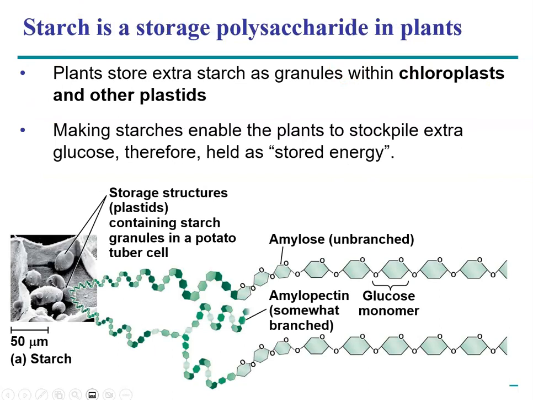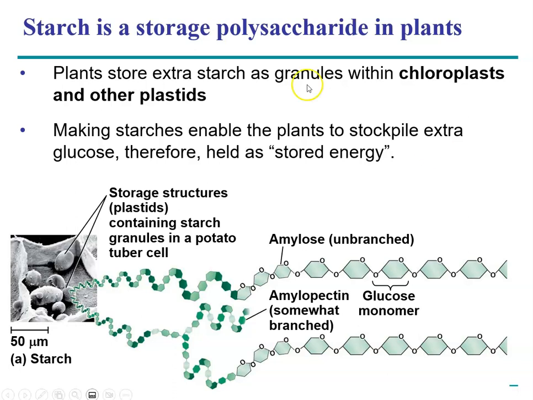Starch is a storage polysaccharide in plants. When plants photosynthesize, some of the food that they make is used right away to sustain their life processes. But some of that food is extra and they store it for later. They do this in the form of starch. Starch is a storage molecule housing that source of potential energy for later use when needed.